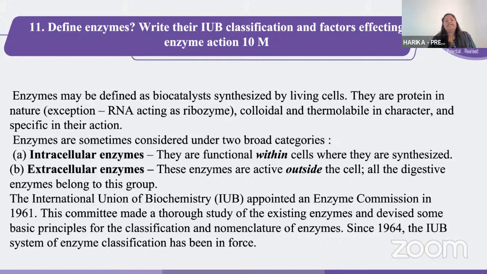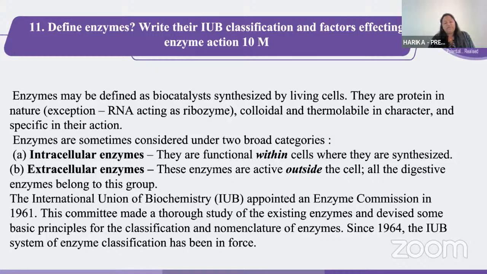So IUB, the International Union of Biochemistry, has classified enzymes into different categories. We know there are different kinds of enzymes, and you can't write each and every enzyme, right? So the International Union segregated the enzymes into different classifications in the year 1961.